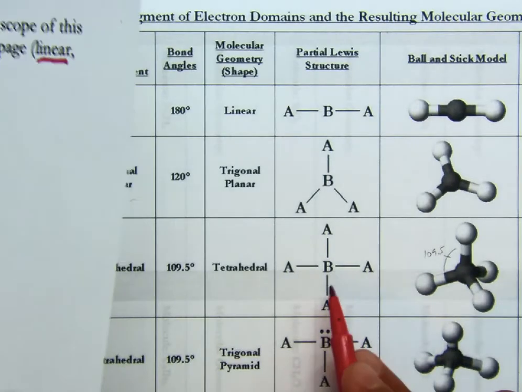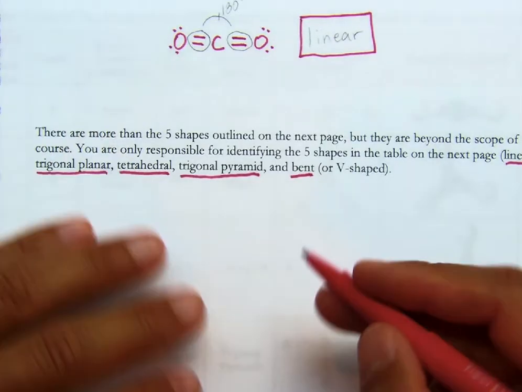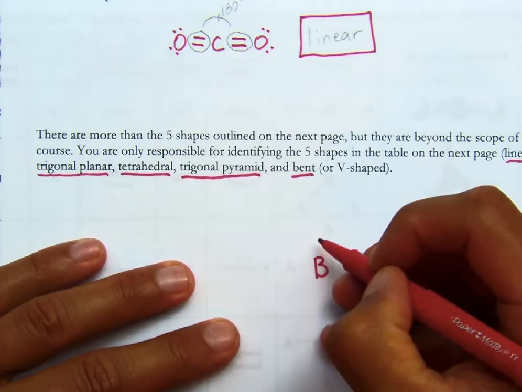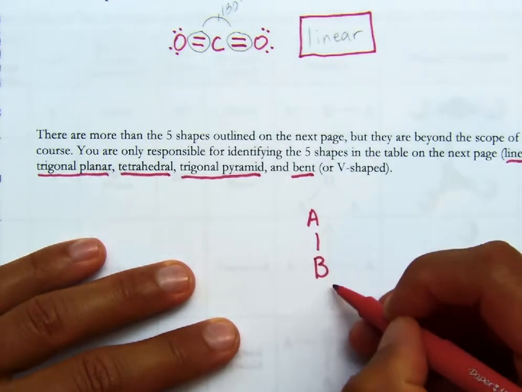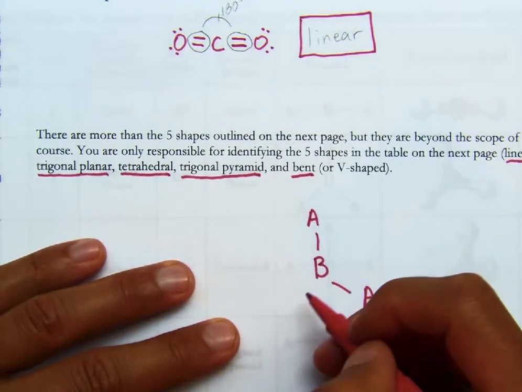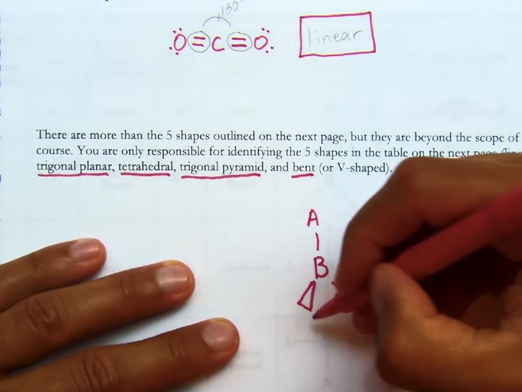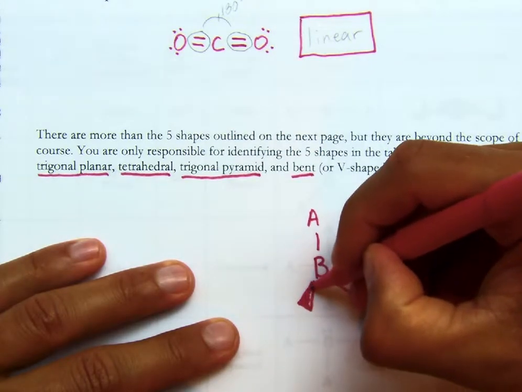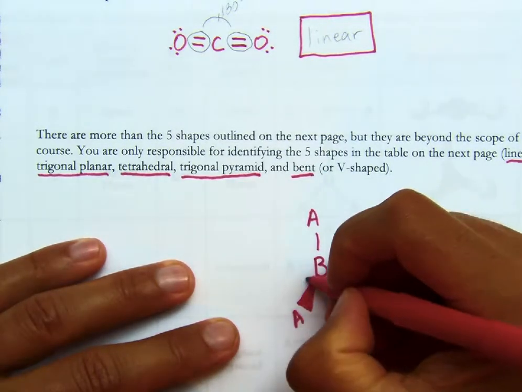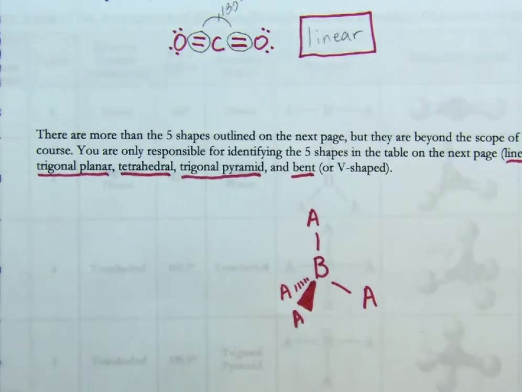Okay, so a way to draw a Lewis structure like this with a little more 3 dimensions would be to have something like B as your central atom. You have A, and then you have A. Those are on the plane of the page. Then you have 1 coming out towards you, drawn with a solid wedge, and this one, a dotted line, is going back into the page.